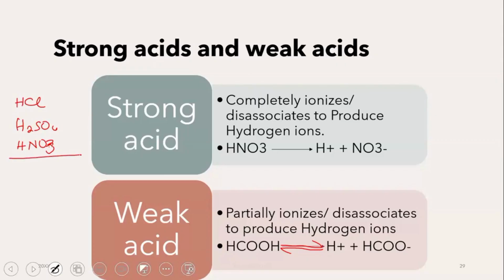In weak acids, generally, all your carboxylic acids are considered to be weak acids. All carboxylic acids are weak acids. Other than this, carbonic acid, phosphoric acid, all of these are considered to be weak acids.